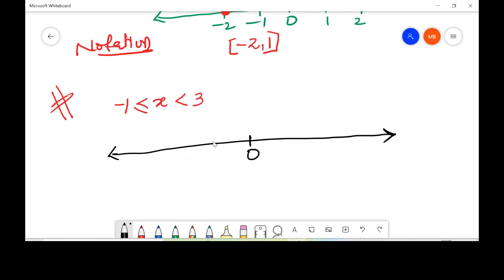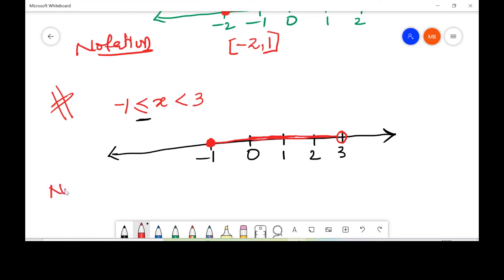This is 0, this is -1, this is +1, +2, +3. Again, x is greater than or equal to, so we will put a closed circle at -1. x is less than 3, so we'll put an open circle at 3. And all real numbers between -1 and 3 will be our answer.